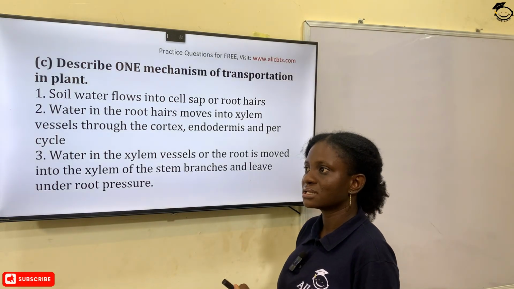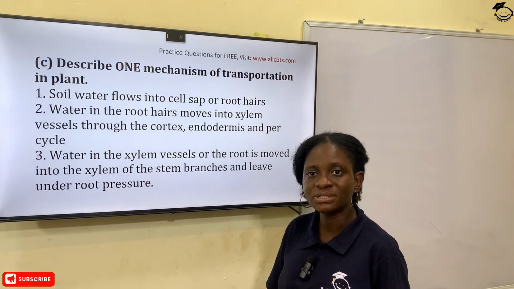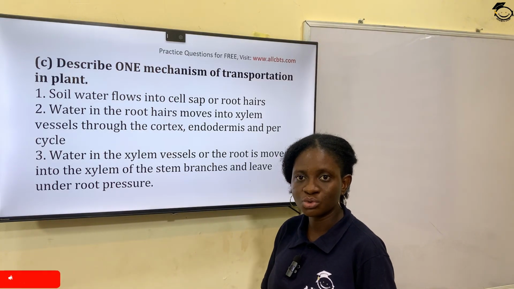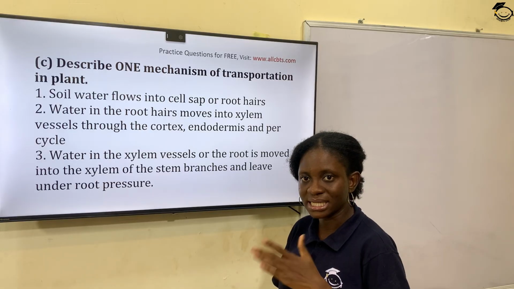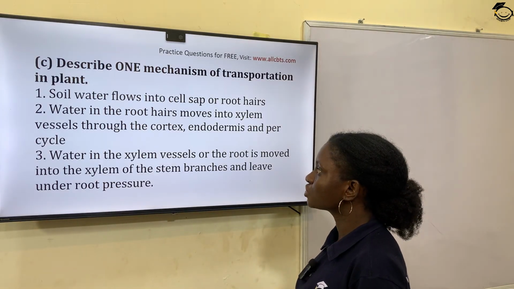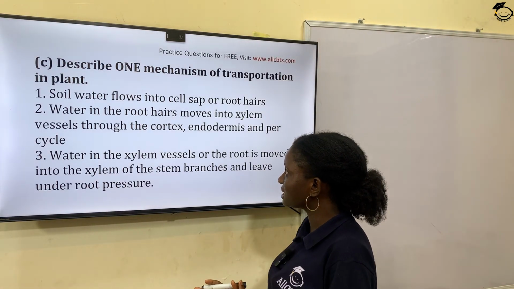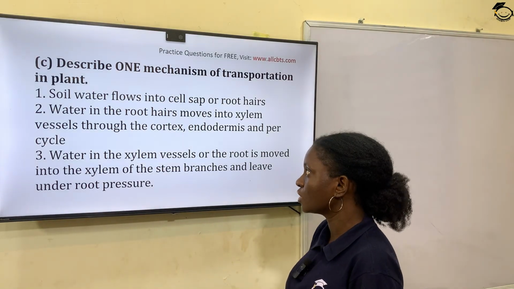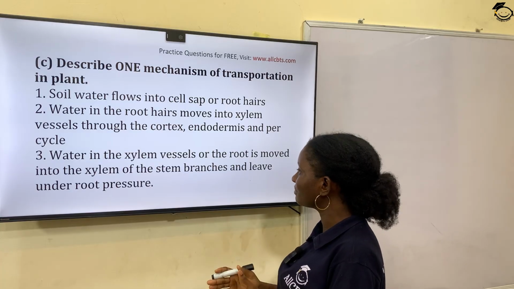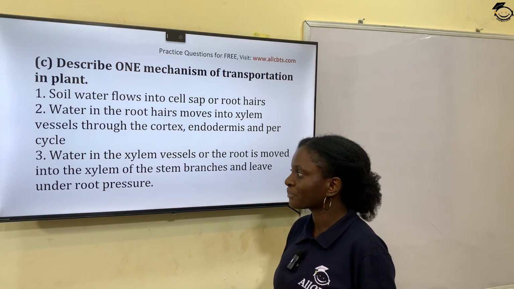Xylem is involved in transporting water from roots to the upper part, to leaves and the other parts of the plant. So water in the root hairs moves into xylem vessels through the cortex, endodermis, and pericycle.